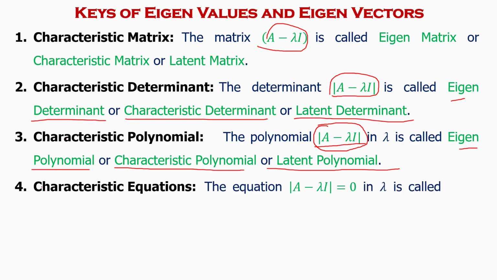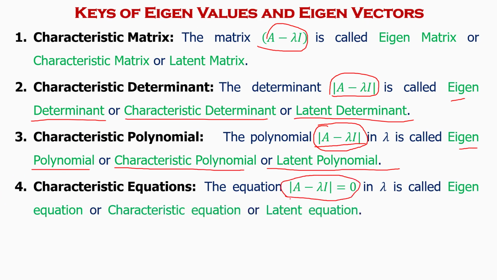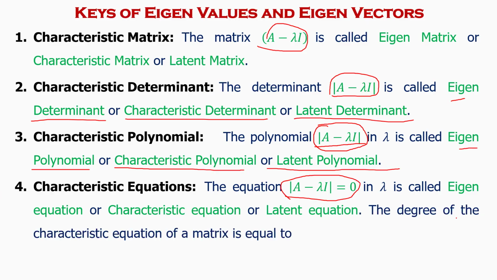The equation determinant of A minus lambda I equal to 0 in lambda is called the eigenequation or characteristic equation or latent equation. The degree of the characteristic equation of a matrix is equal to the order of that matrix. So suppose the order of this matrix is 2, the degree of the equation will be 2, and so on.